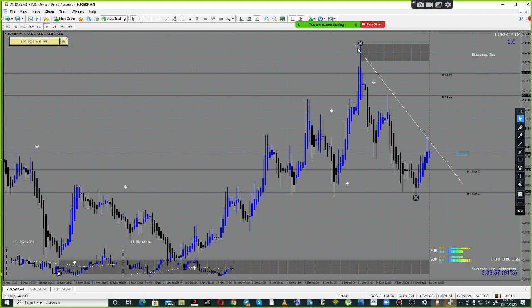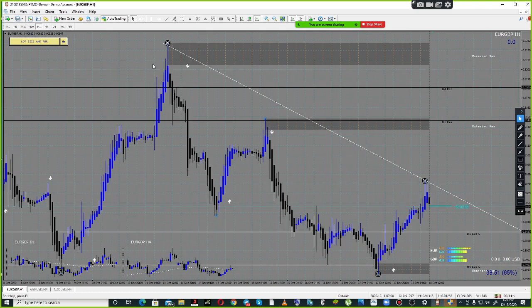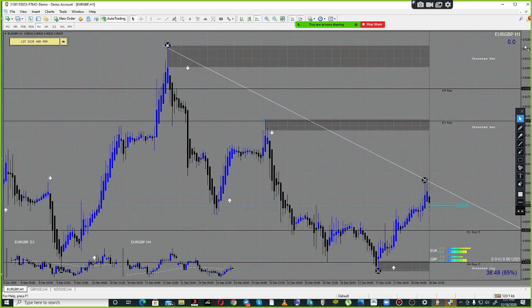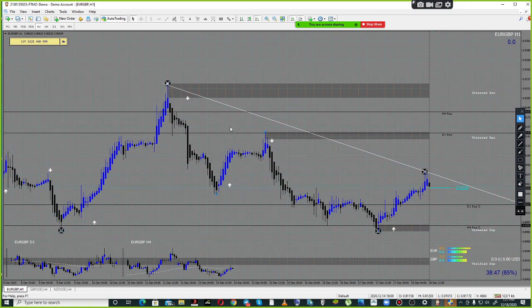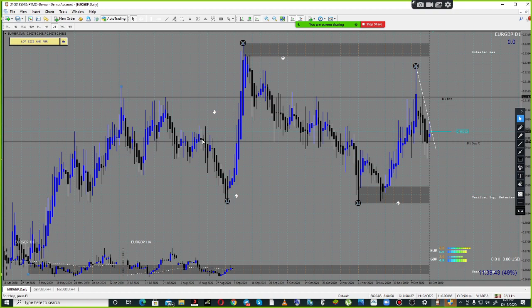If I go to the 4 hour, take a look at what's happening on the 4 hour. If I go to the 1 hour time frame, this is what's happening. But the daily is this.